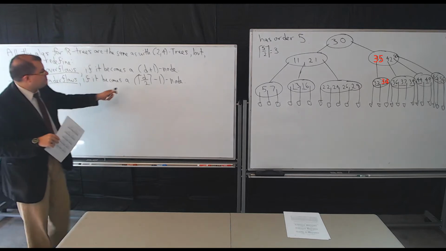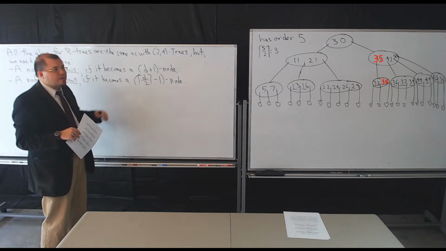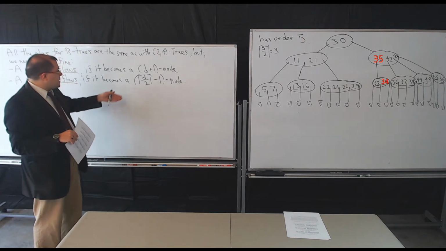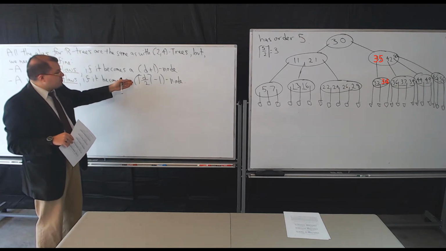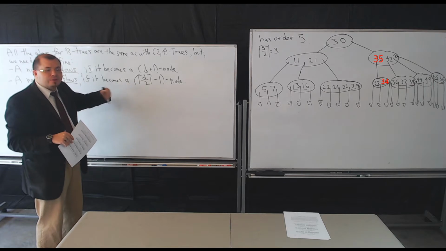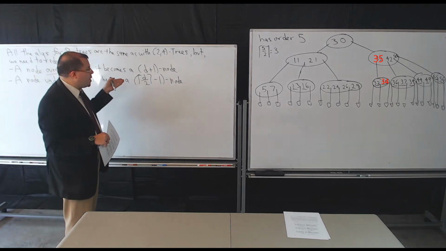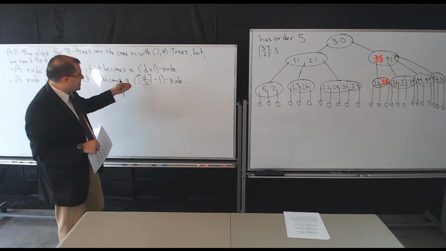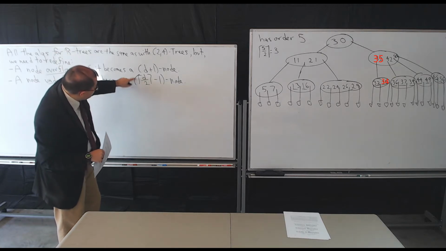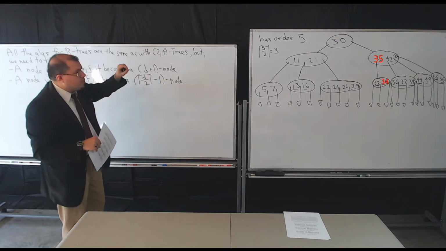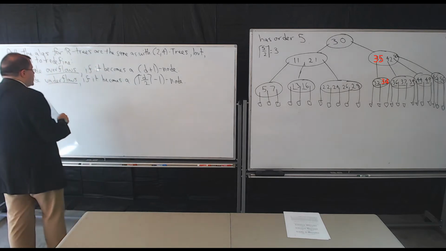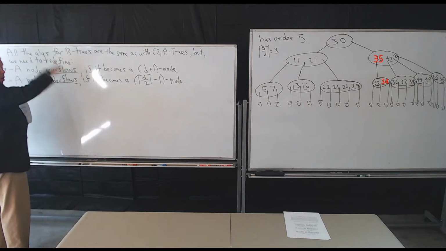Remember, this is the number of children. So this comes back to my remove algorithm from the other day. The underflow occurs when this happens, and we're allowed to do a transfer operation when we have at least one higher than this. So it would have to be the ceiling of D over 2 node plus 1, right? Because it would need to be able to borrow 1. Does everybody see that?